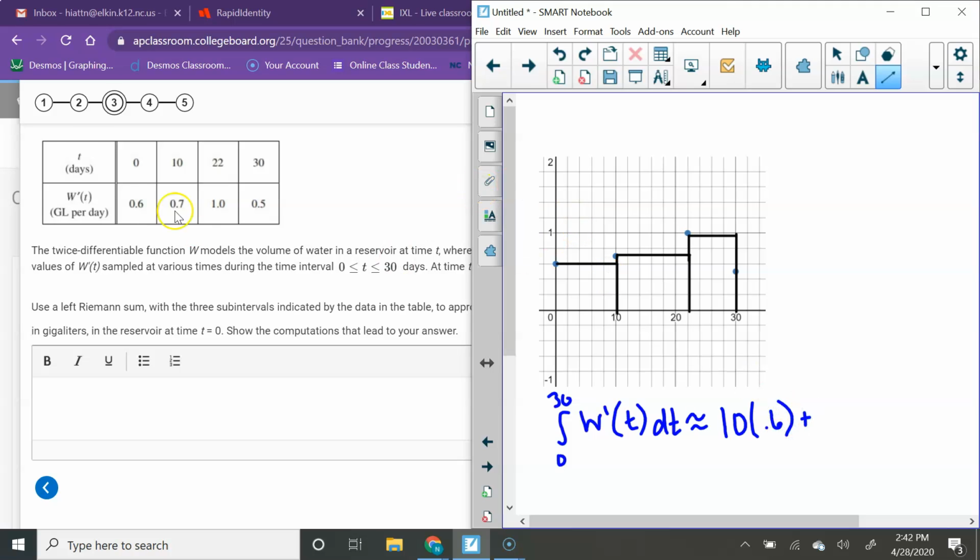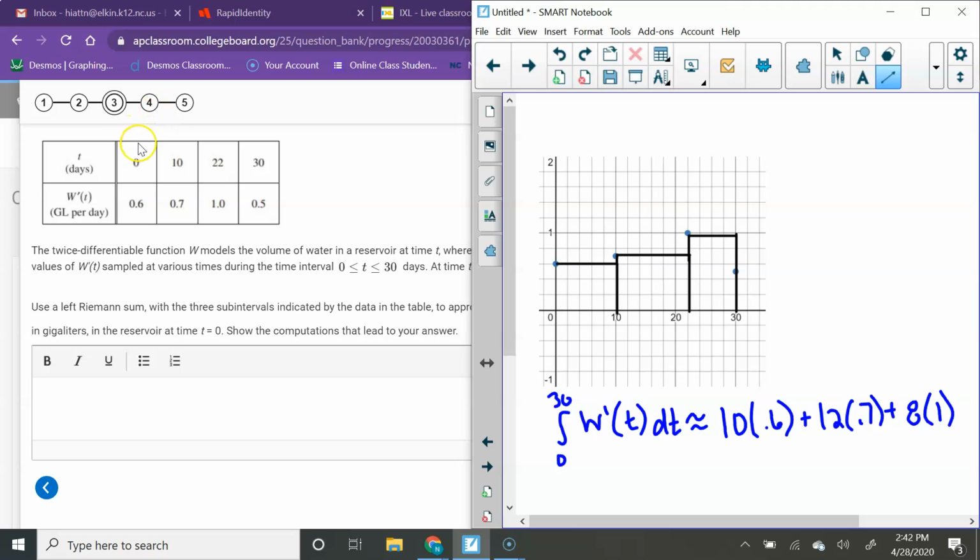The second rectangle, you're going from 10 up to 22, so it has a width of 12, and then it'll have a height of 0.7. And then the last, you're going from 22 to 30 right here, so you've got a width of 8, and you have a height of 1 for that one.